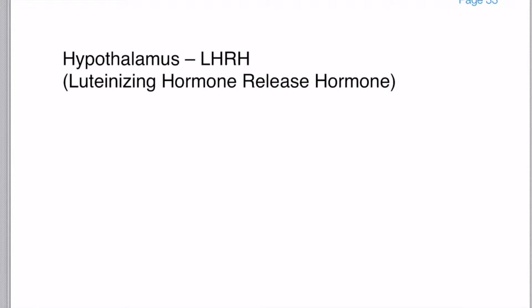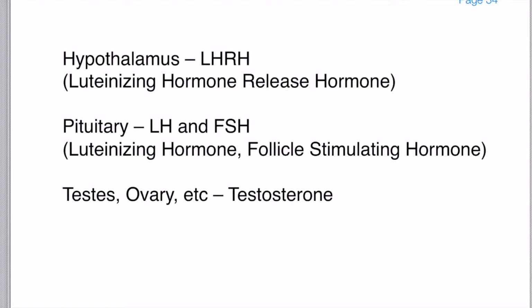So it doesn't travel very far, but it induces the pituitary to in turn release two hormones, often called master hormones. Here, Gill uses this terminology. In particular, it releases LH, luteinizing hormone, and FSH, follicle stimulating hormone. And these travel through the body and in turn act on different parts of the body.